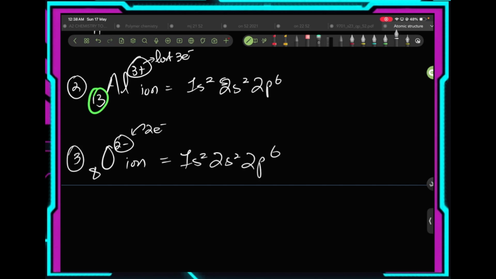It's not very hard. Now we'll move on to, for example, a transition element. Okay, let's practice one more and then we'll go to that. For example, chlorine has a 1 minus charge. Forget the 1 negative charge, just consider the neutral atom. How many electrons? 17.